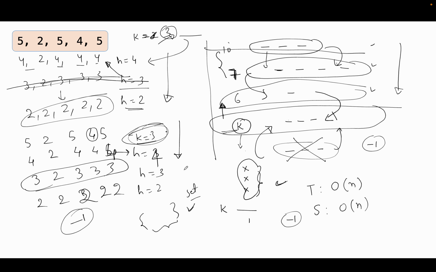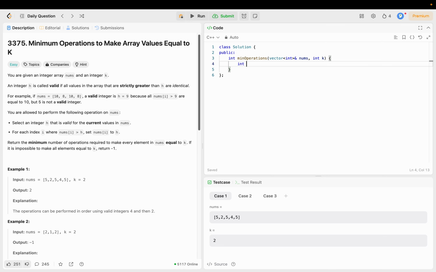So now let's write the code for this. In fact, we don't even need size. So let's keep a set of integers and let's call it vals. For int i in nums, if i is less than k, return -1.